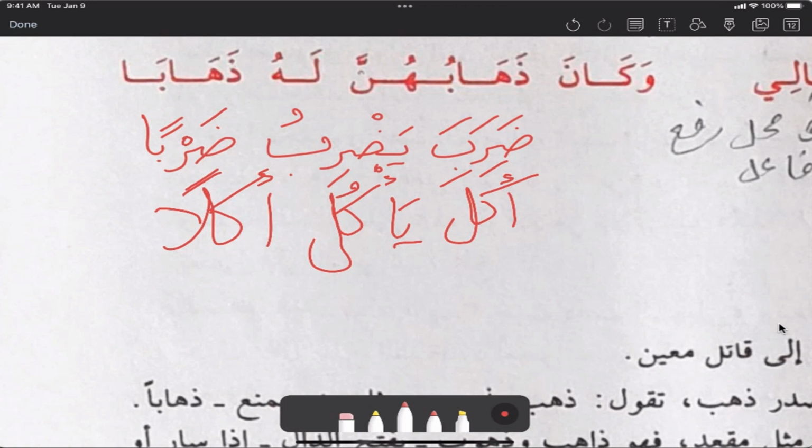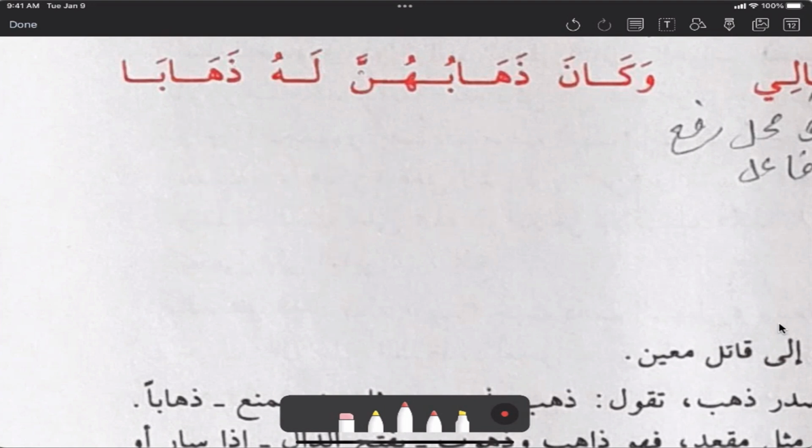Now, there are some particles in Arabic that, with a verb, the particle with the verb, the two of them together, have the meaning of the masdar. For example, you say, uridu, I want. Uridu an aqra.